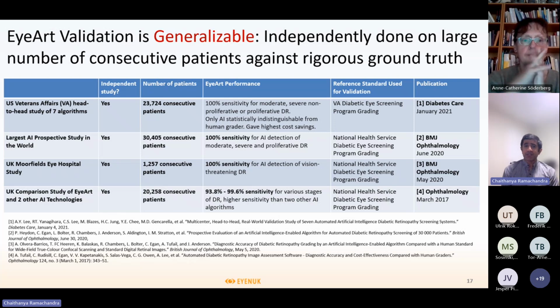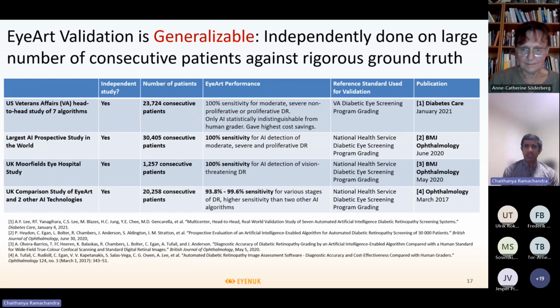IART validation is definitely generalizable. Here I'm reporting 4 studies that were independently done on a large number of consecutive patients against rigorous ground truth. There was the US Veterans Affairs head-to-head comparison of 7 different diabetic retinopathy screening algorithms that was done on over 23,000 patients.